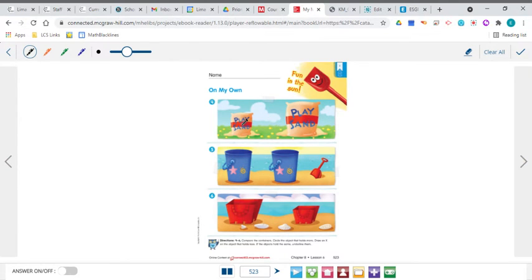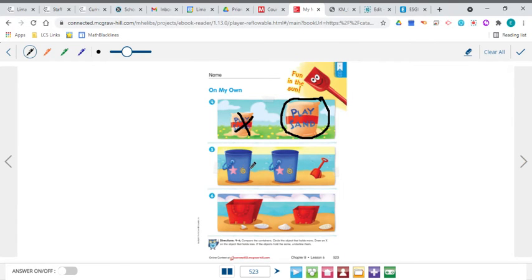Which of these bags of sand would hold more? The bigger bag, right? The bigger bag would hold more sand. The capacity would be larger. All right. So the smaller bag would hold less. Its capacity would not be as much.